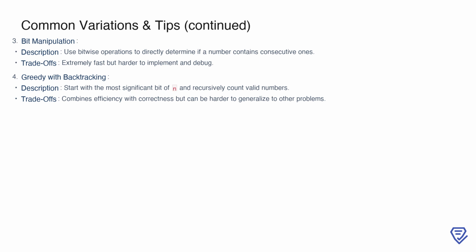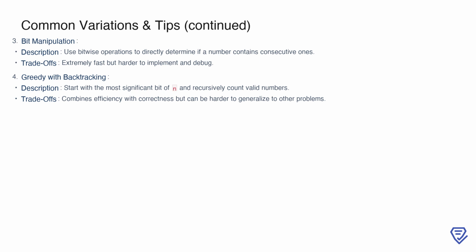Beyond dynamic programming, bit manipulation is another highly efficient approach. By using bitwise operations, you can directly determine whether a number contains consecutive ones. This method is extremely fast, but it can be harder to implement correctly and even harder to debug if something goes wrong. Another interesting strategy is a greedy approach combined with backtracking.